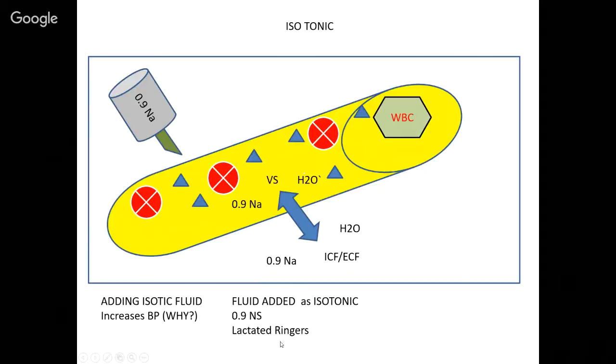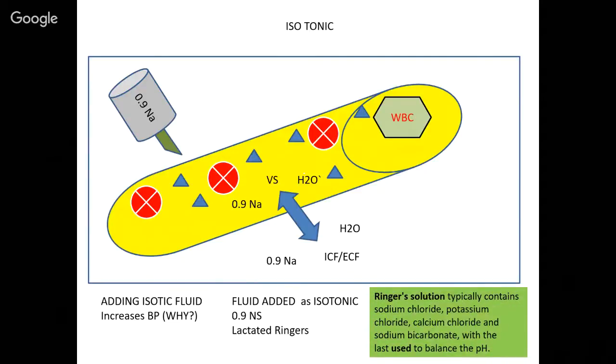I looked that up, and I've added a note here that lactated ringers typically contain sodium chloride, or table salt, potassium chloride, calcium chloride, and sodium bicarbonate, with the sodium bicarbonate being used to keep the pH balanced, because we're adding sodium, calcium, and potassium, which are cations, and the sodium bicarbonate balances those out and keeps the pH balanced at 7.34 to 7.45. So we're not going to contaminate our pH balance by adding lactated ringers. We're going to keep it nice and balanced.